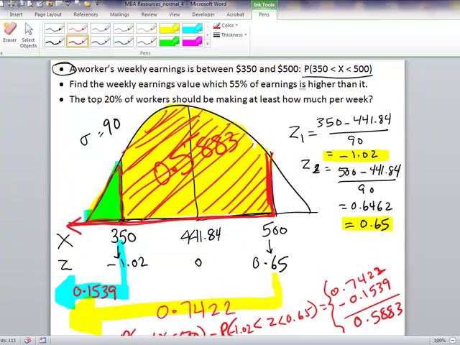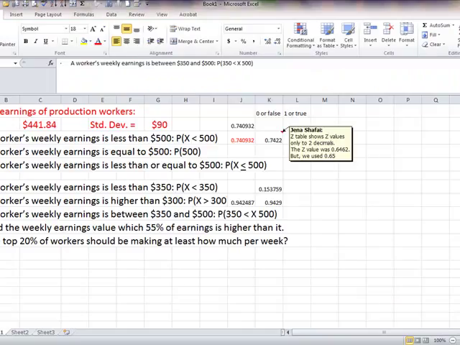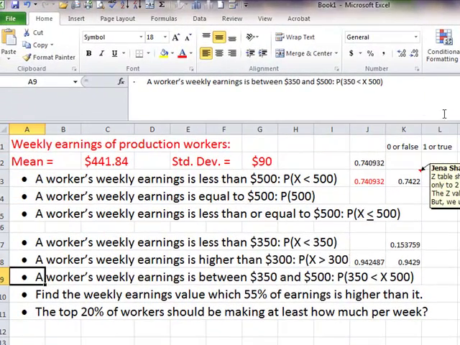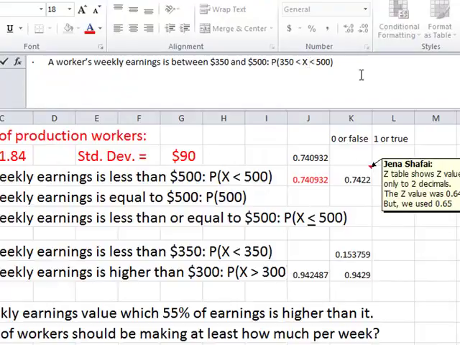And I can go to Excel now and perform that calculation for you. Actually, I need to put a less than sign here.